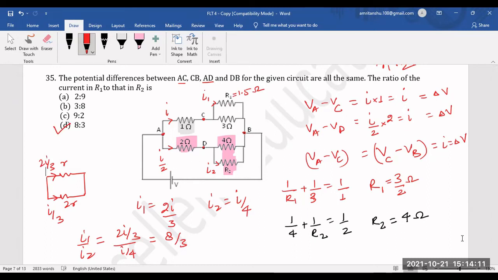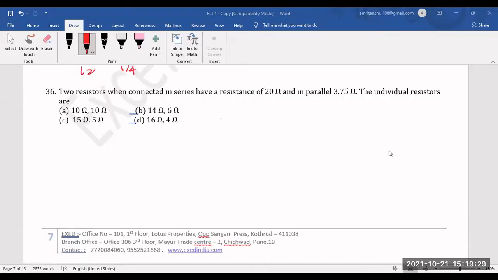Moving on to the next question. Moving on to question number 36. We are given resistances in series, so this is just a mathematical question. R1 plus R2 is equal to 20, and when I take them in parallel, that is R1 R2 upon R1 plus R2, this is 3.75.